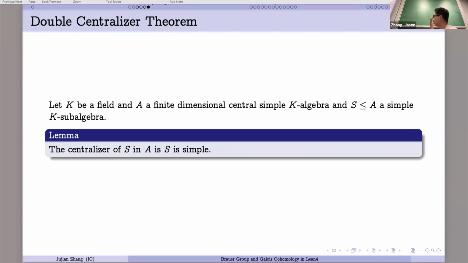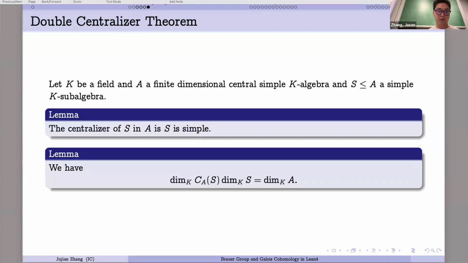Another theorem we'll be using a lot is called the double centralizer theorem, which says if K is a field and A is a finite dimensional central simple K-algebra, and S is a simple K-subalgebra, then first we know that the centralizer of S will be simple. And the second thing is the centralizer's dimension times the dimension of the subalgebra itself will be the dimension of the whole thing.